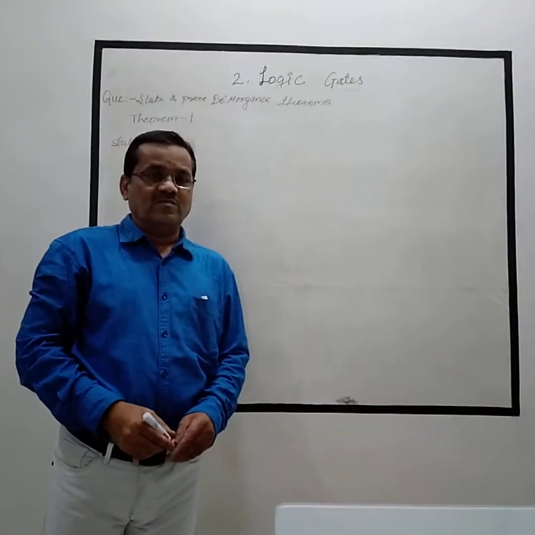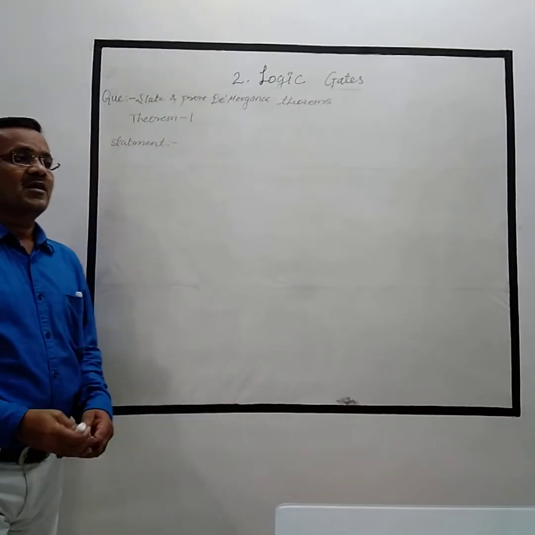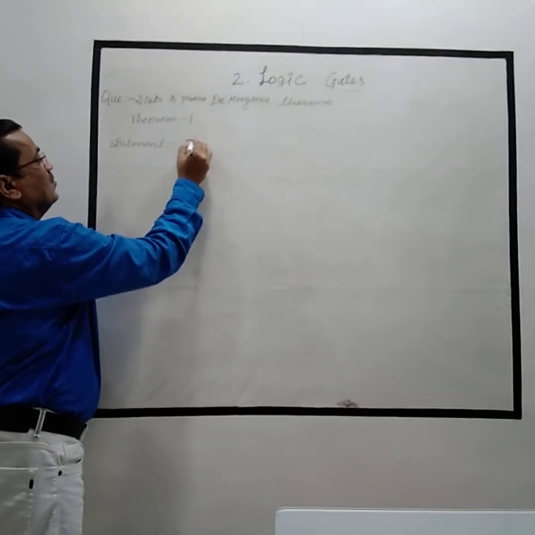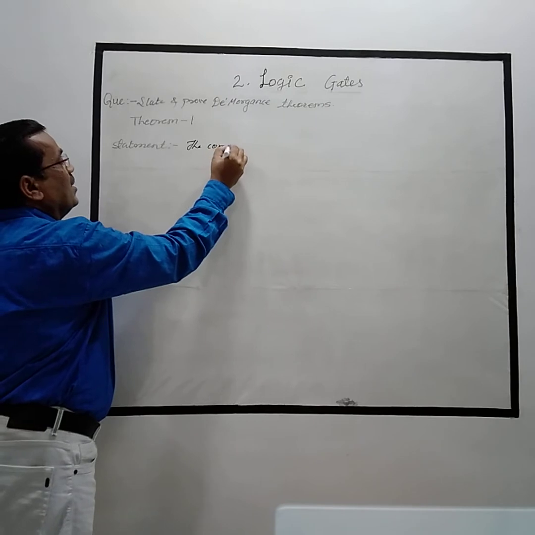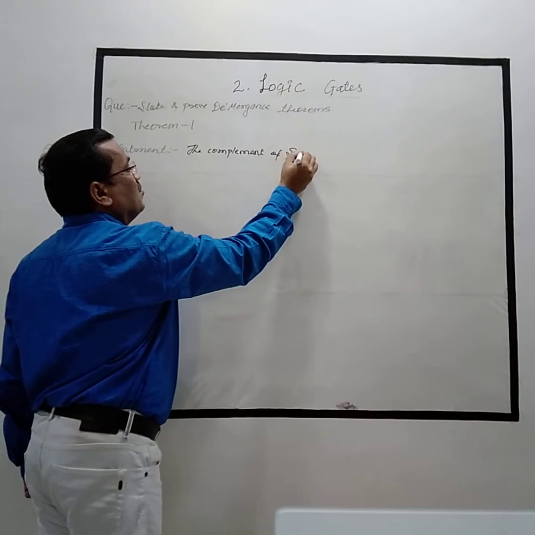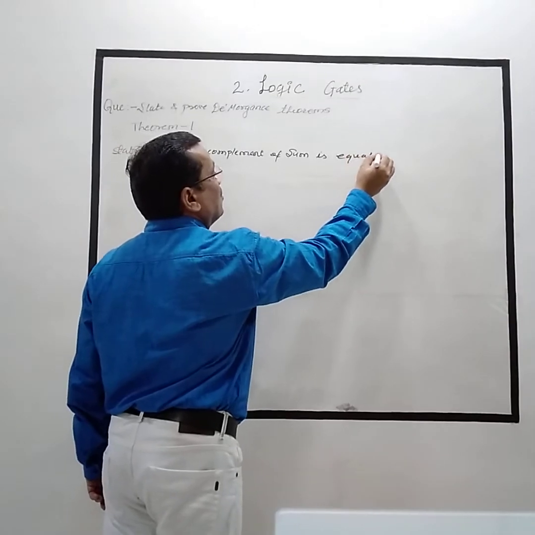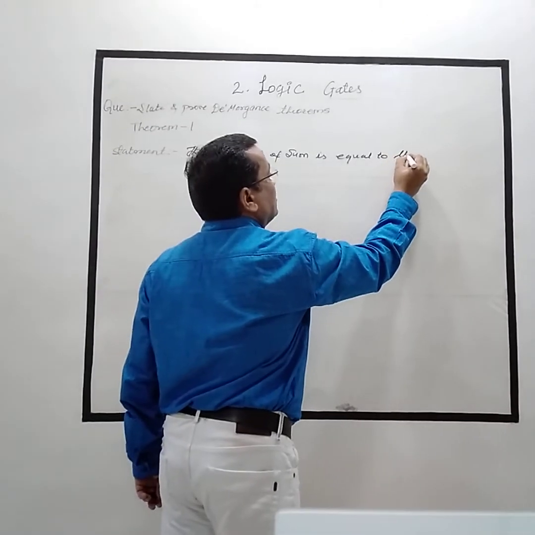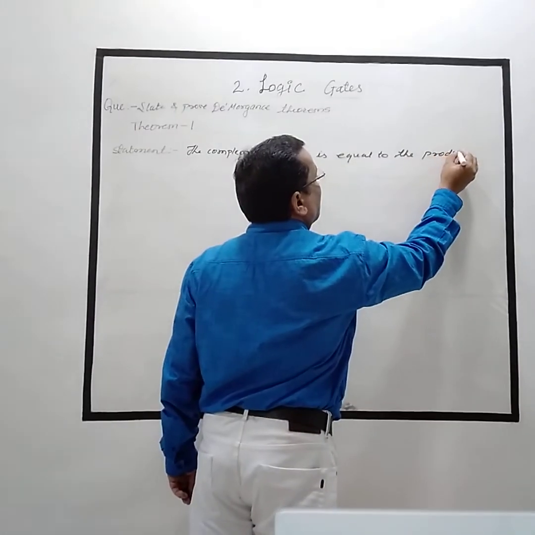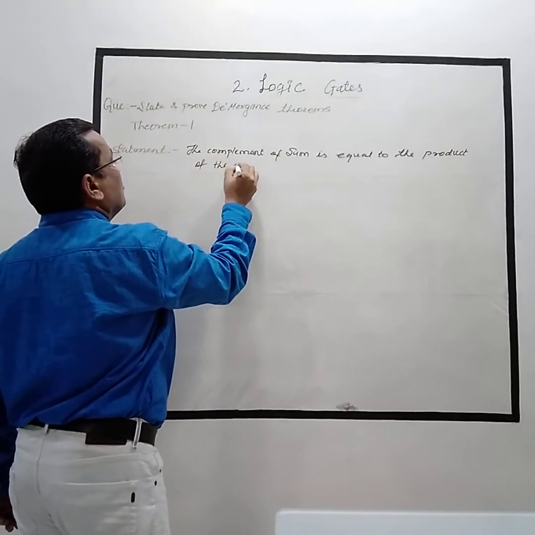So De Morgan's theorem can be stated like this: the complement of sum is equal to the product of complements of the complements.